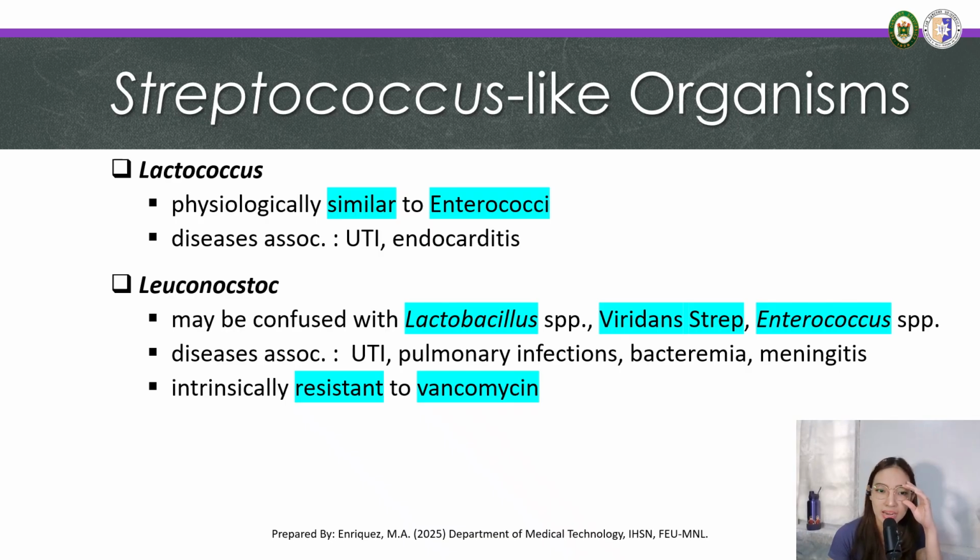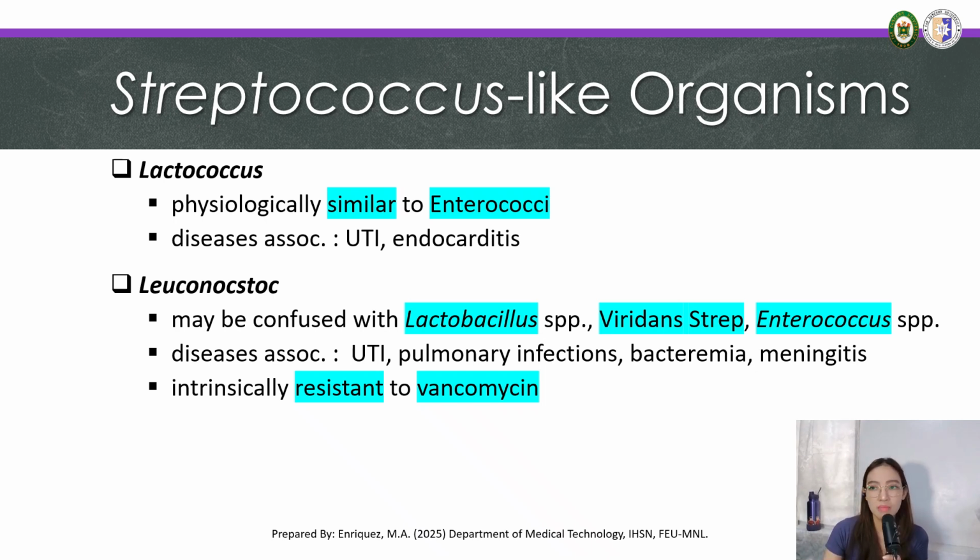Some of these streptococcus-like organisms may easily be mistaken as the actual pathogens. So we also have to be aware of their presence. All right, so ulitin natin, Leuconostoc species could easily be misidentified with Lactobacillus, viridans strep, Pediococcus, and Enterococcus species.